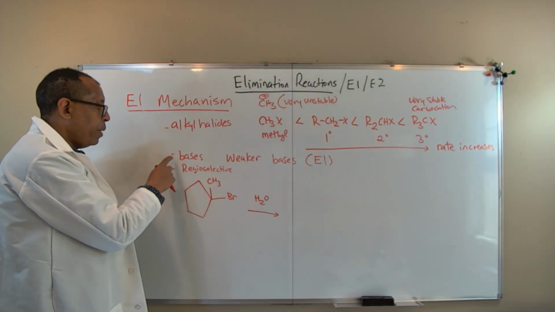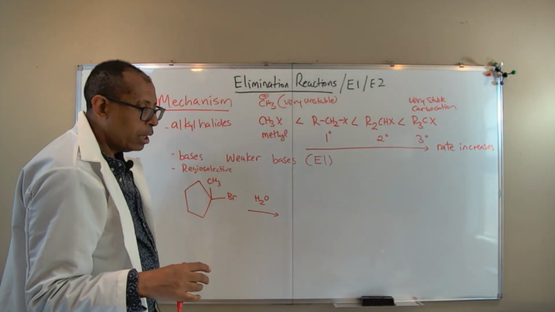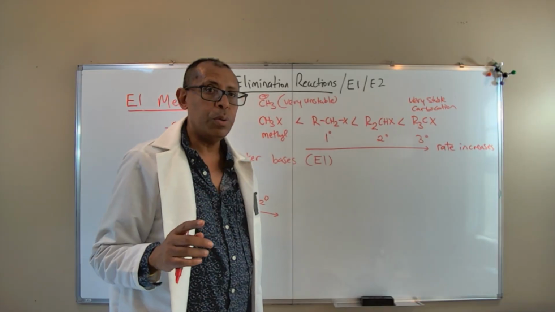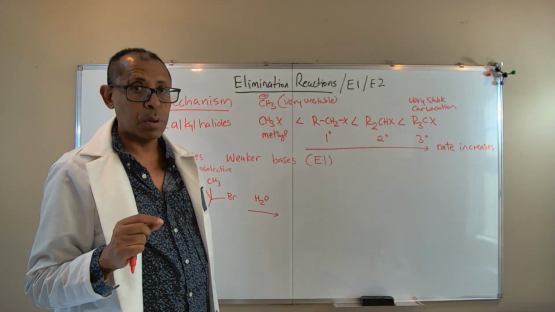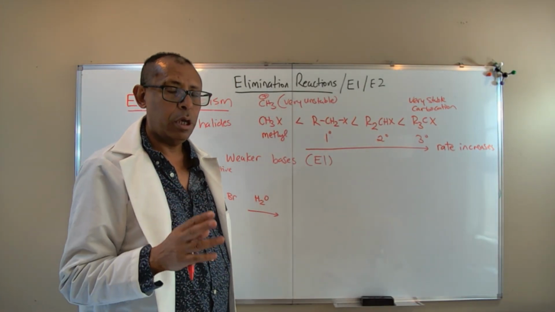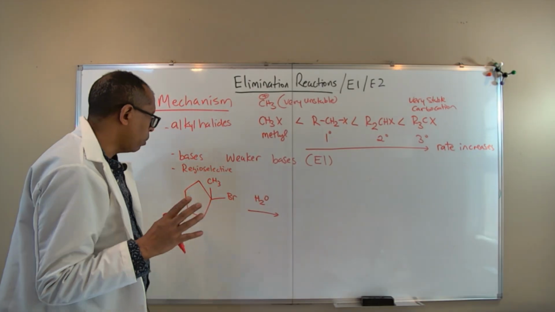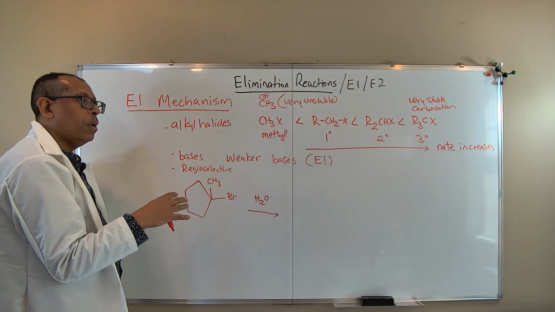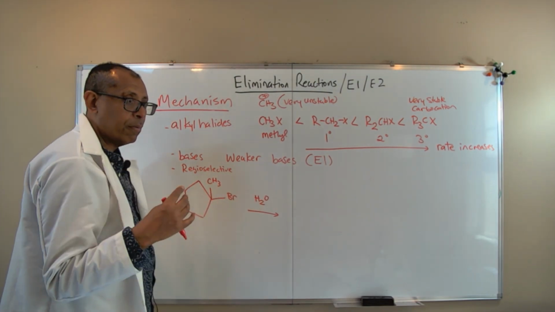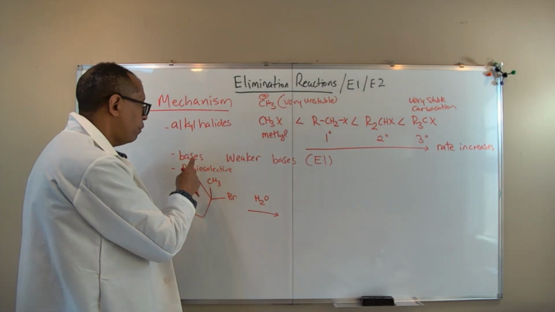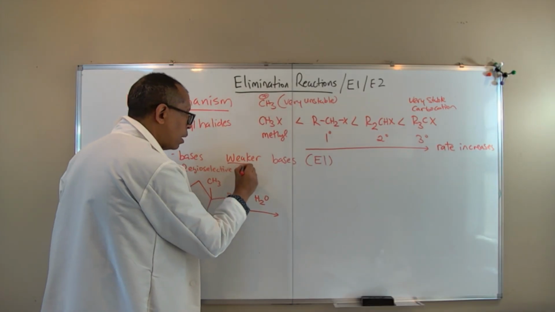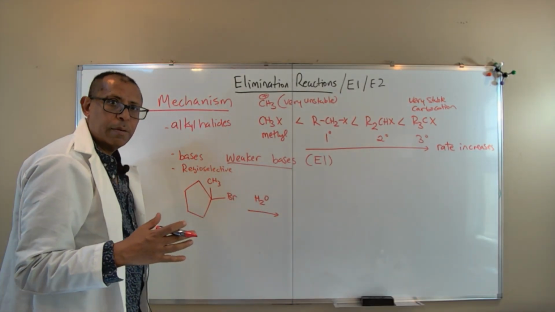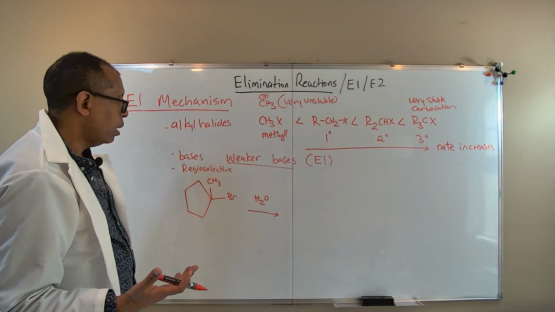In terms of bases, E2 always needs a very strong base, while a weaker base is also applicable in the E1 mechanism. So for E1, weaker bases are okay; even water can do the reaction.